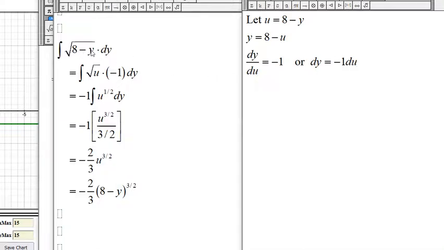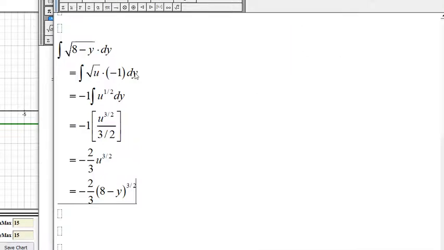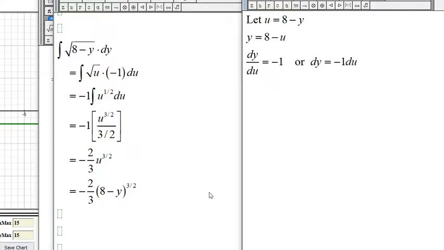So 8 minus y is u. dy is negative 1 du. The square root of u is the same as u to the 1/2.